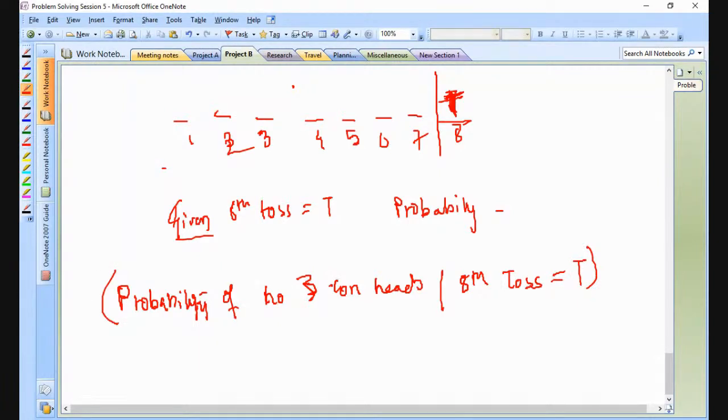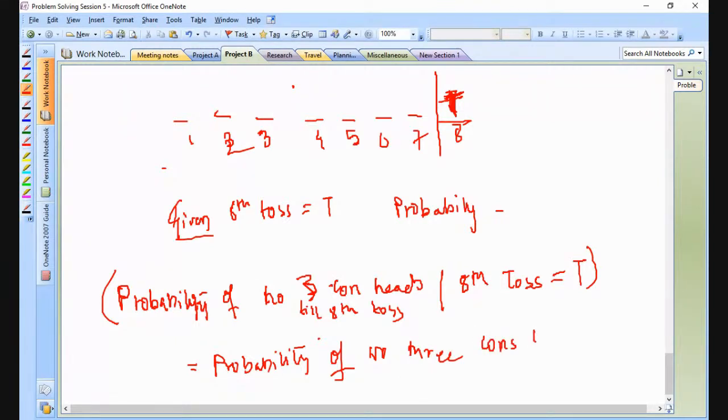The probability of no 3 consecutive heads till the 8th toss, given the 8th toss is tails, is the same as the probability of no 3 consecutive heads till the 7th toss, right?